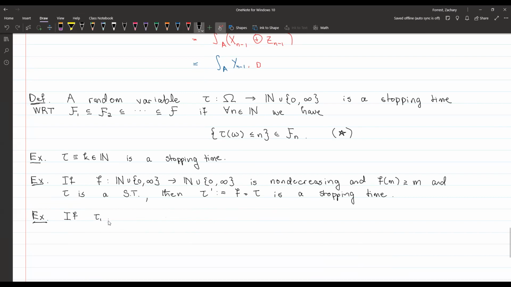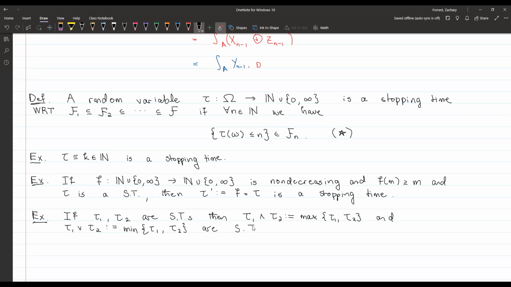If tau 1, tau 2 are stopping times, then tau 1 upward wedge tau 2, which I'm going to define to mean the maximum of tau 1 and tau 2, and also tau 1 downward wedge tau 2, which I'm going to define to mean the minimum of tau 1 and tau 2, are stopping times as well.